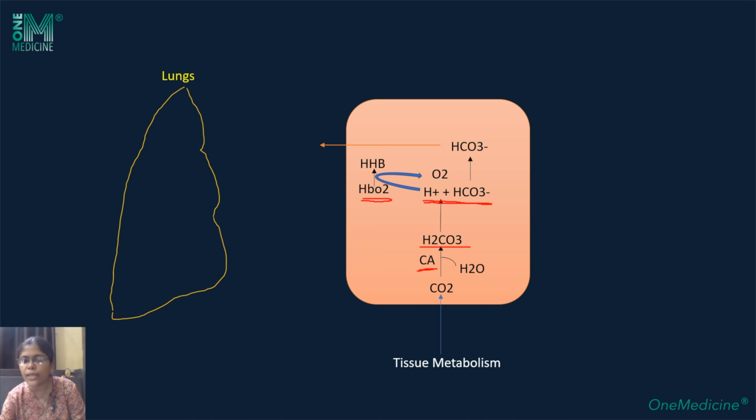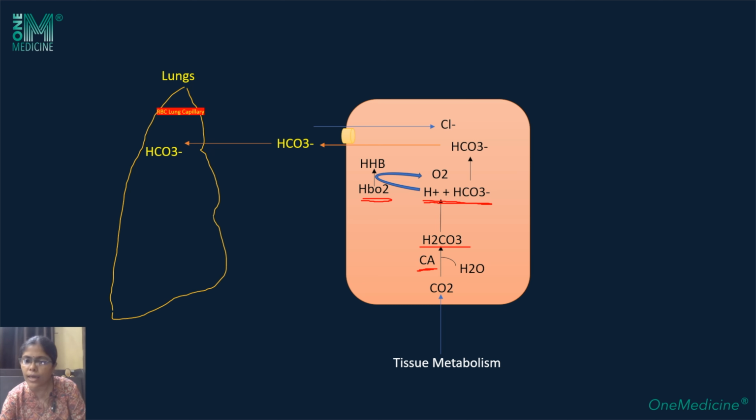And this bicarbonate is taken out from the RBC, and in turn one chloride enters the RBC within the tissues. This is known as chloride shift. Now this bicarbonate again enters the lung capillaries.